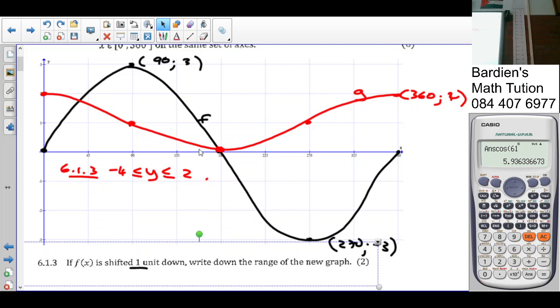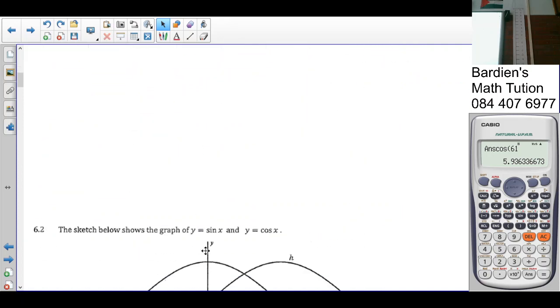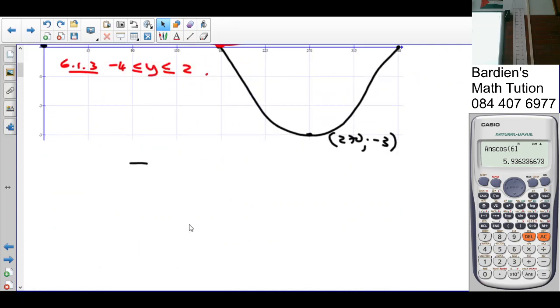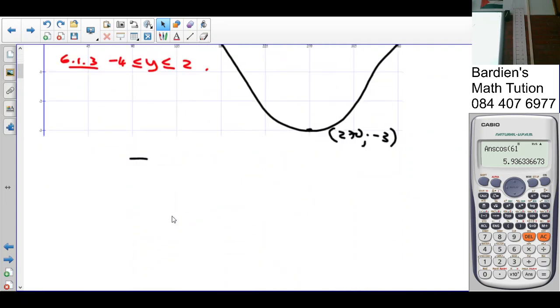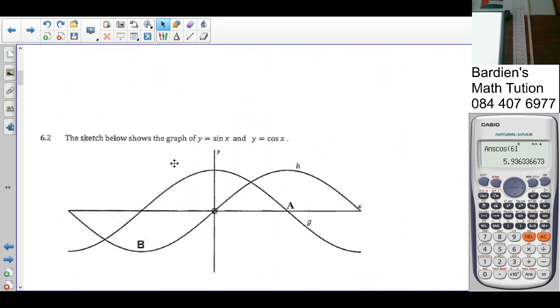Let's look at the next one. Is that it? So those are the only questions I asked you with regards to this graph? Yes, okay. 6.2.